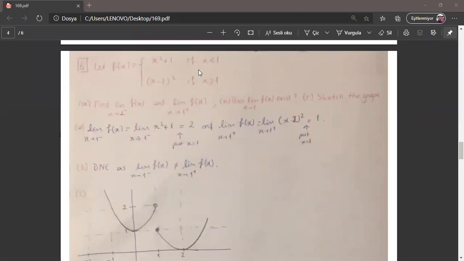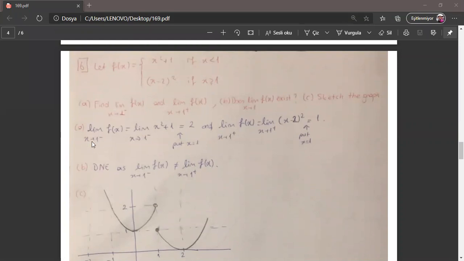We have this function, which is again defined piecewise. So here we have these 3 parts of the question. First one, we need to compute the limit of f by approaching 1 from left and right. So let's first compute this one. We are approaching 1 from the left.